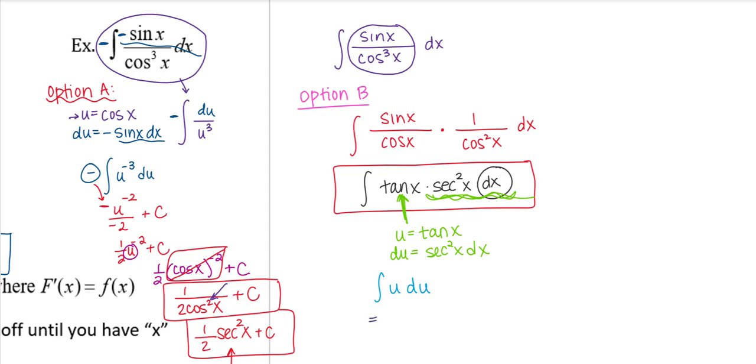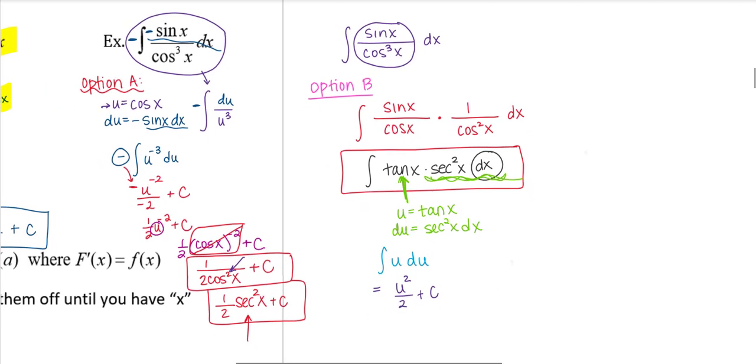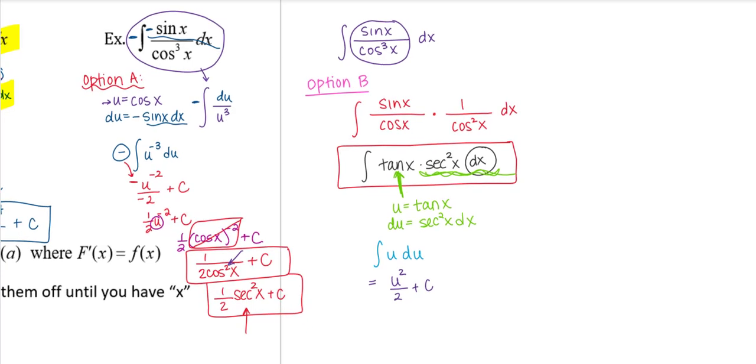Okay, well that would be u squared over 2. Or I'll put my u back in. Your u is not the same as it was before. In this case, u is tangent of x. So I will say tangent squared x over 2 plus c.